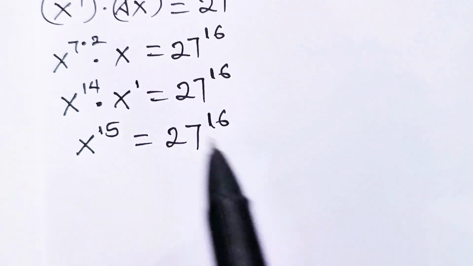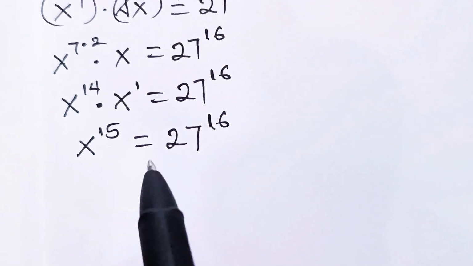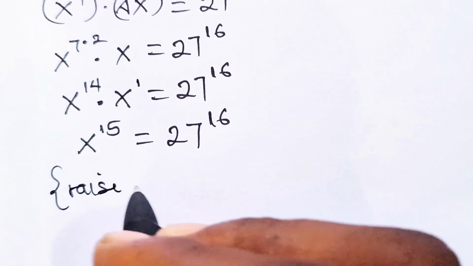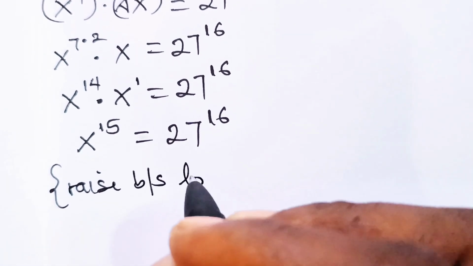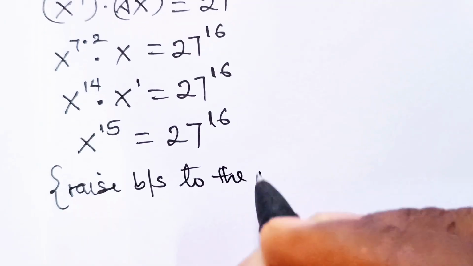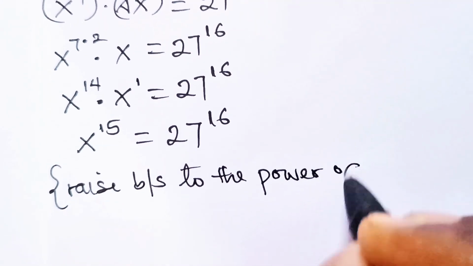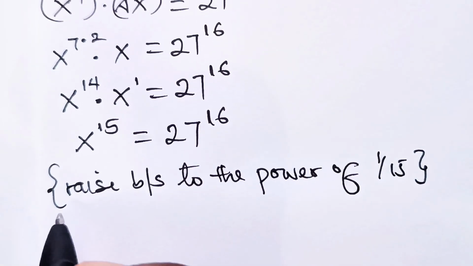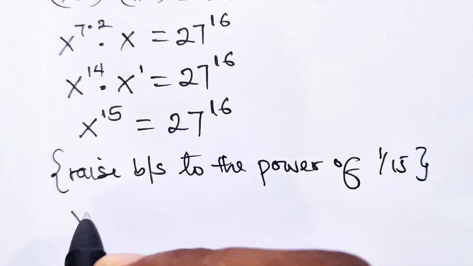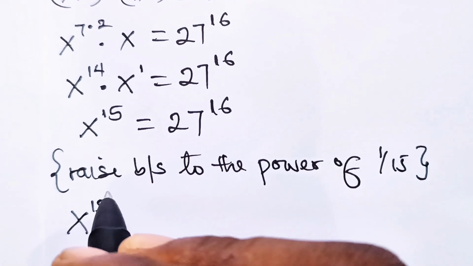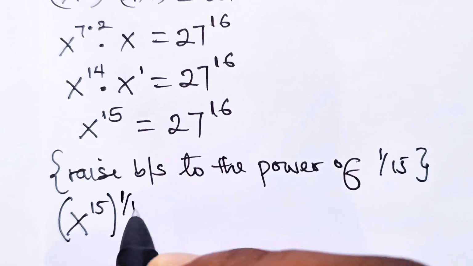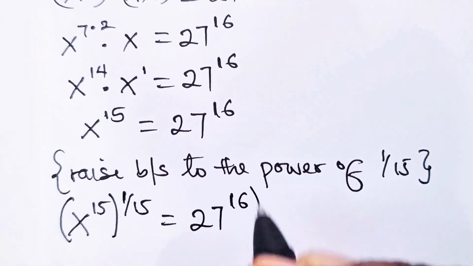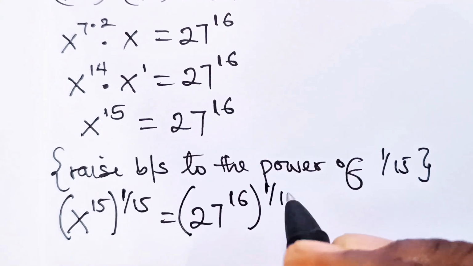Let us raise both sides of this equation to the power of 1 over 15. So if we do that, we have x to the power of 15 raised to the power of 1 over 15 is equal to 27 to the power of 16 raised to the power of 1 over 15.